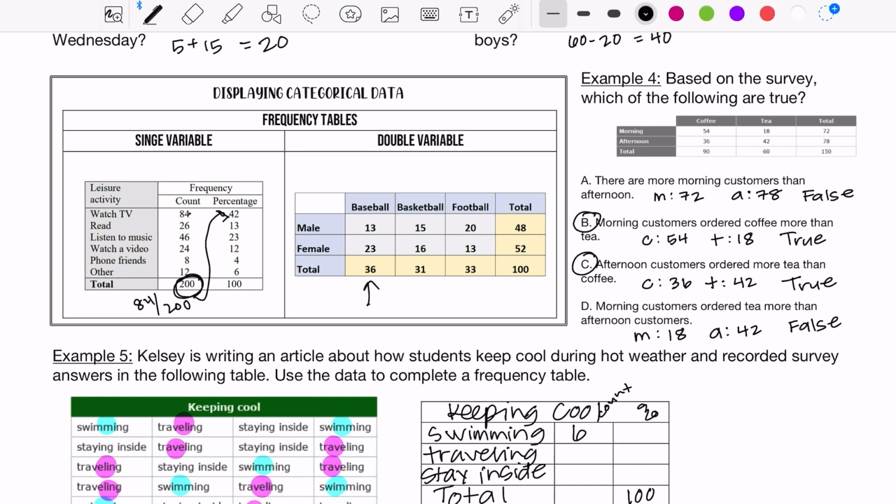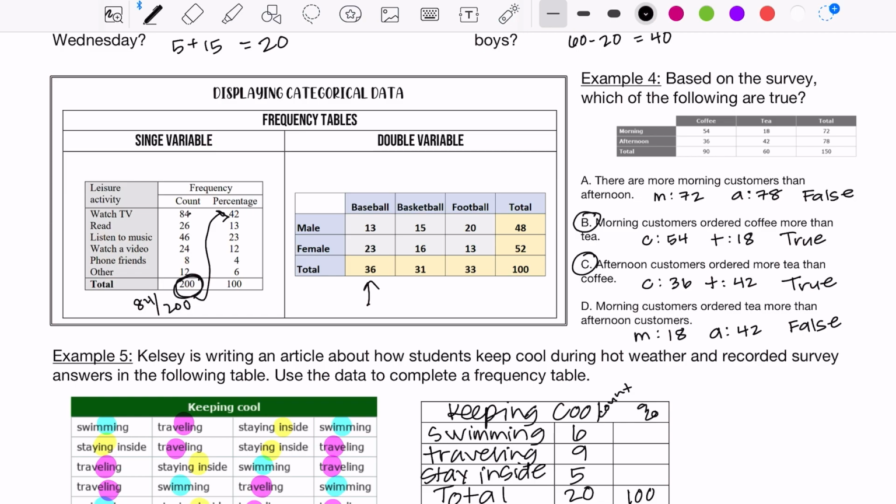So I have 8 for that one. Oh, I missed one. I have 9 for that one. And then staying outside or staying inside, we have 1, 2, 3, 4, 5. So if I add up this column, there's a total of 20.